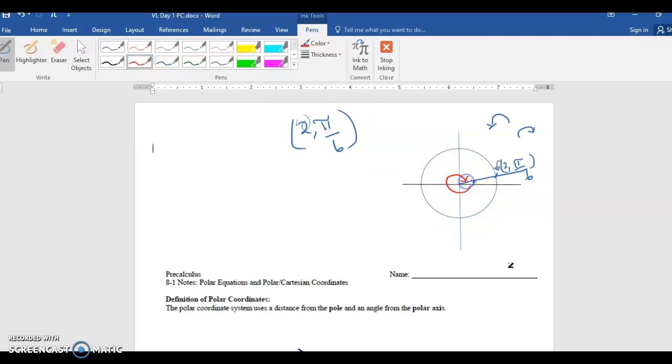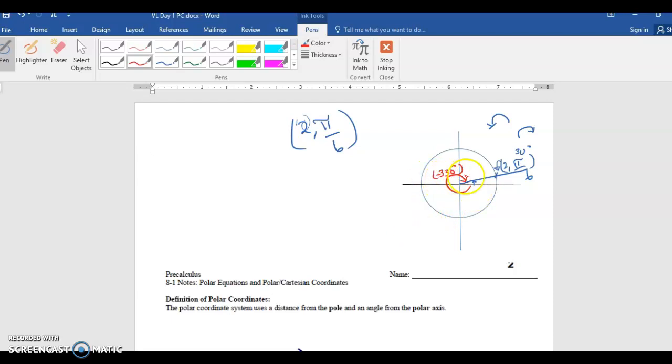So what would that angle be? If pi over 6 is 30 degrees, what would be the other angle? It would be 360 minus 30, so the negative angle is 330 degrees. Negative 330, by the way.